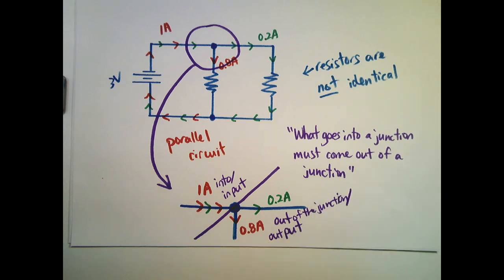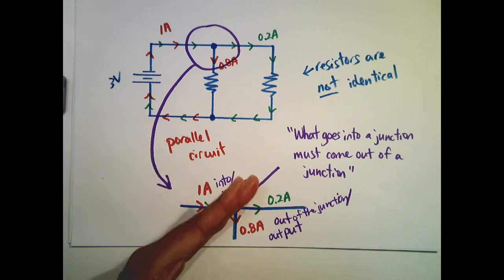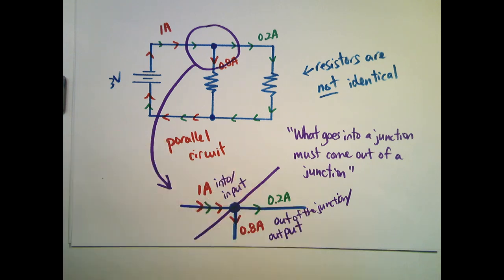So there you have it. Kirchhoff's current law. Again, what goes into the junction comes out of the junction. So in other words, 0.8 plus 0.2 will equal 1 amp.